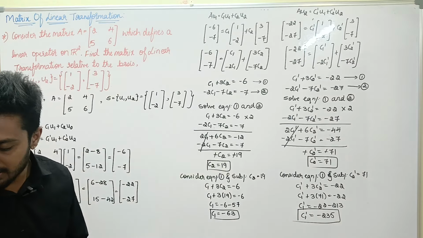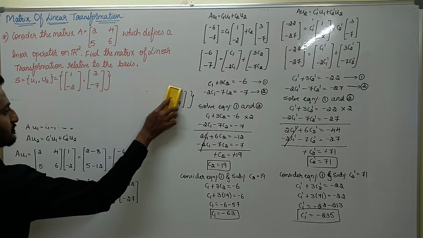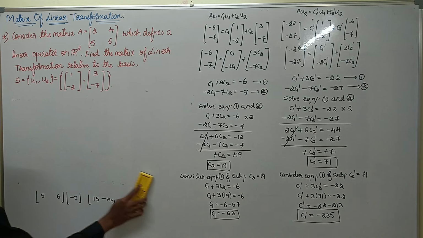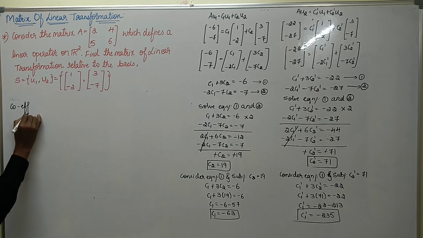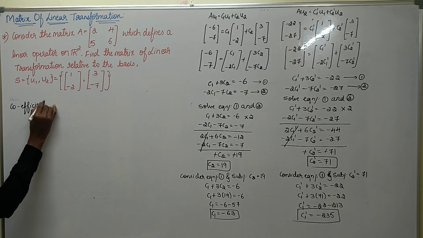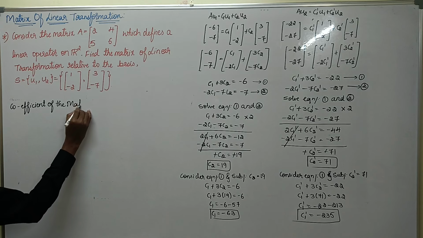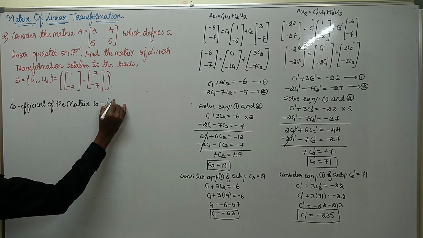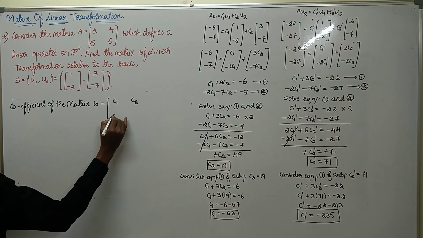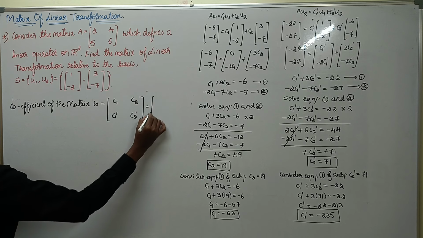Now let us represent this in the coefficient matrix. The coefficient of the matrix is C1, C2, C1 dash, C2 dash, which is equal to, what is C1?